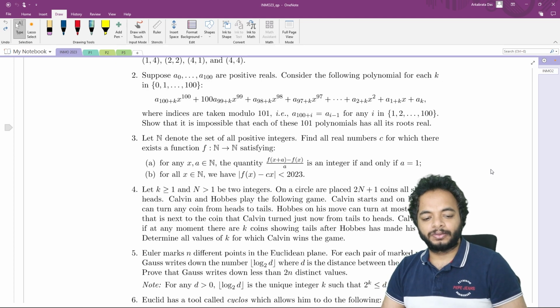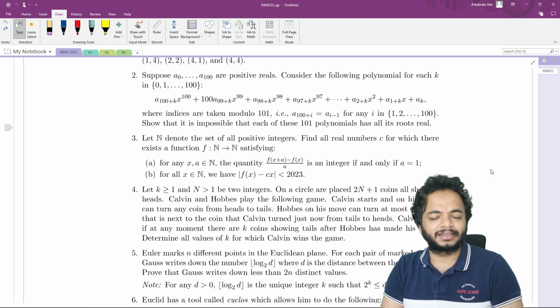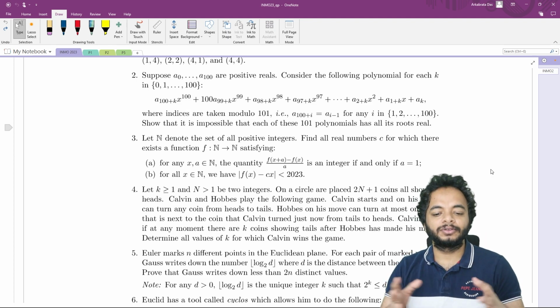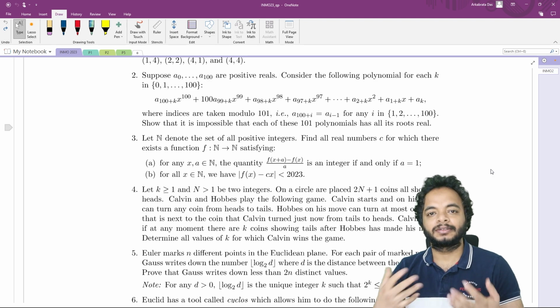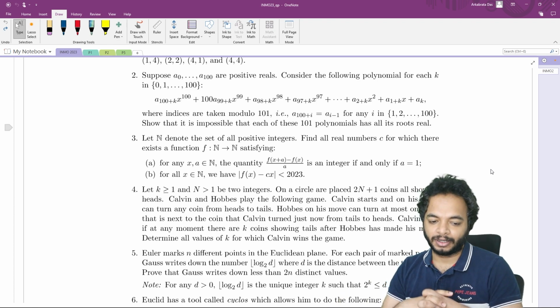That's nothing special, it is just given to define the coefficients where the index is greater than 100, because k is given to be going from 0 to 100.